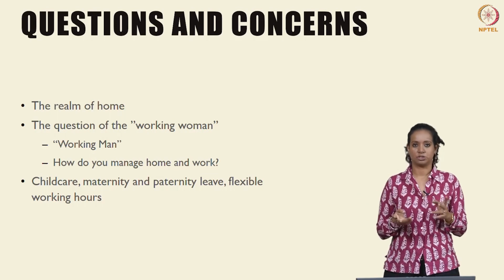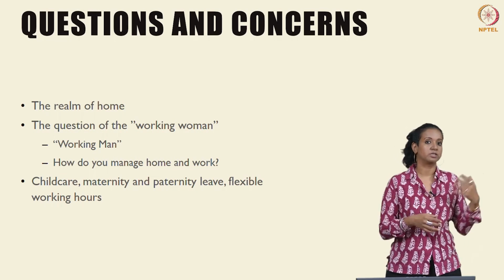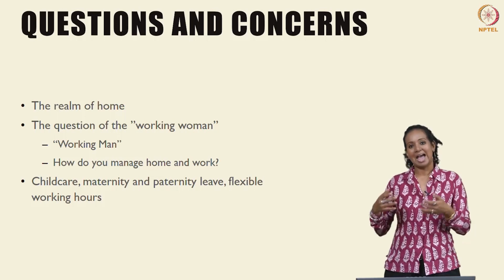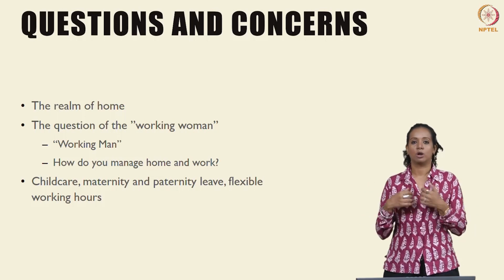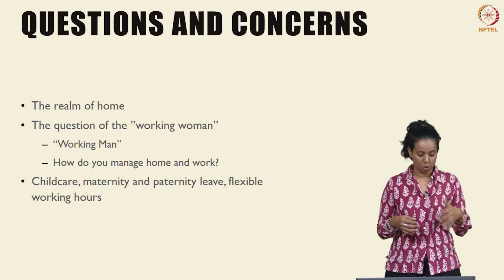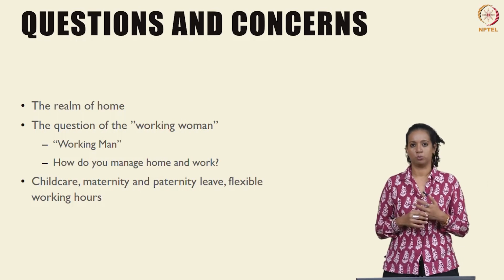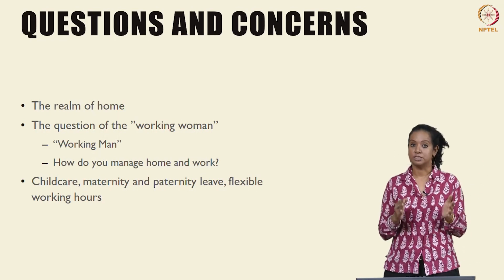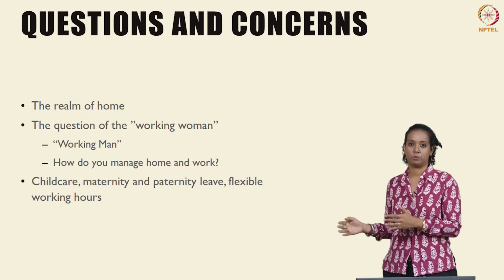There are two aspects to this question, which is men are expected to work and therefore there is no working man, there is only a man, and women who work are also expected to take care of the home. So, questions to them are always about how do you manage home and work. Now, let me also interject over here that this is very much a class specific question.